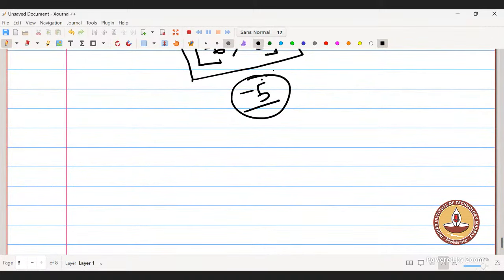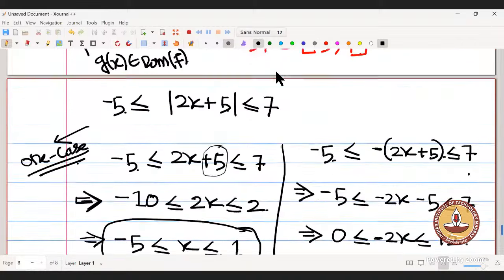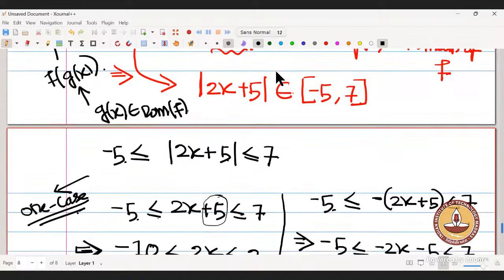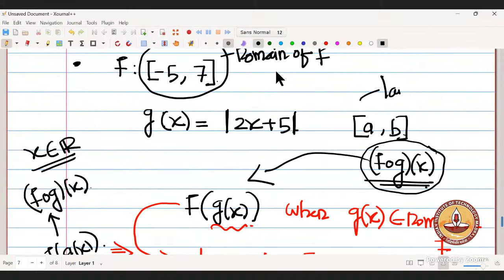Okay, so see, the thing is how you define F compose. What is the question basically asking? What is the maximum possible interval in which this F compose G is defined, right?